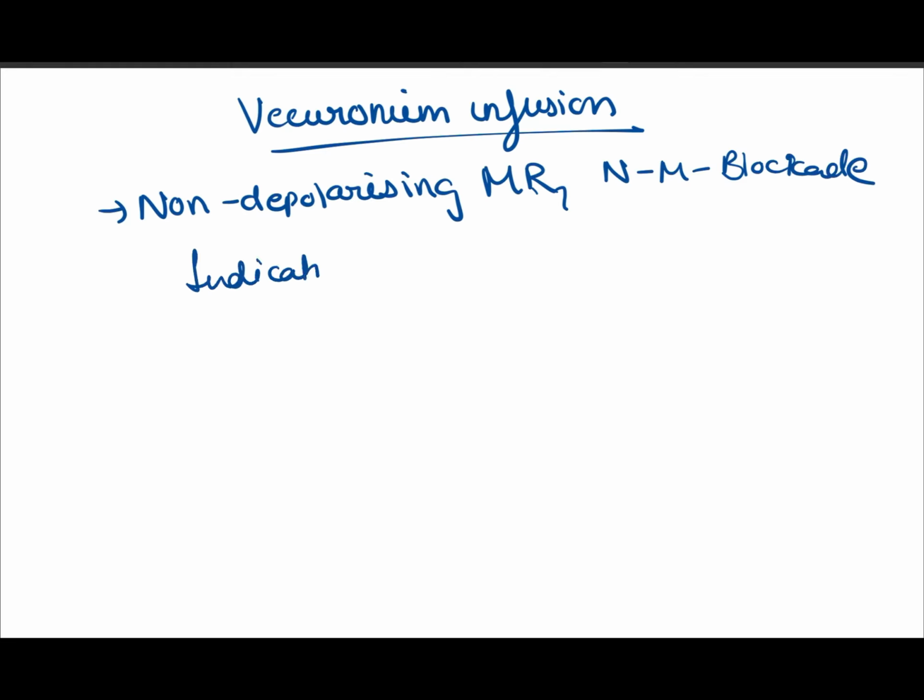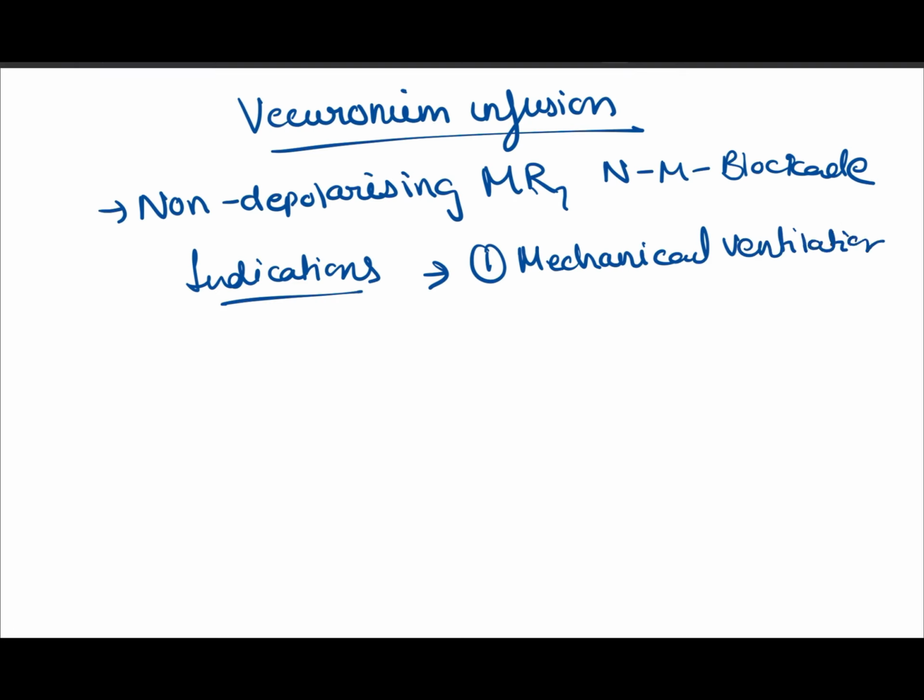So, what are the indications in cases where you want the baby to be paralyzed or not moving? One is mechanical ventilation. If there is patient-ventilator asynchrony, you would want to paralyze the patient so that your HFO can properly ventilate the lungs and the patient does not fight against it.